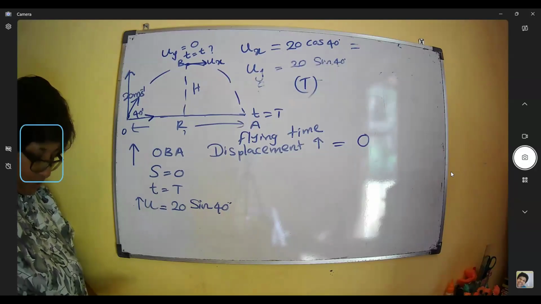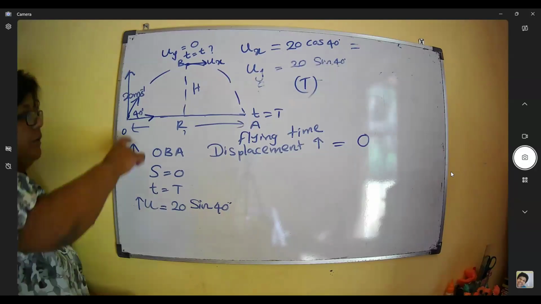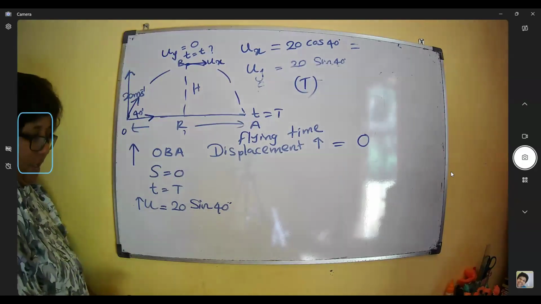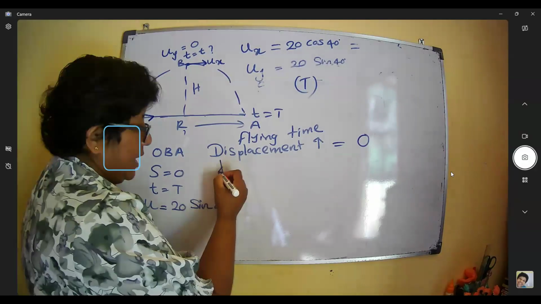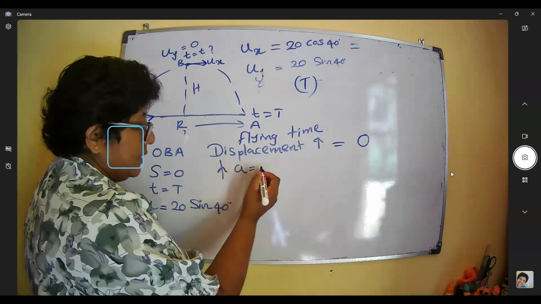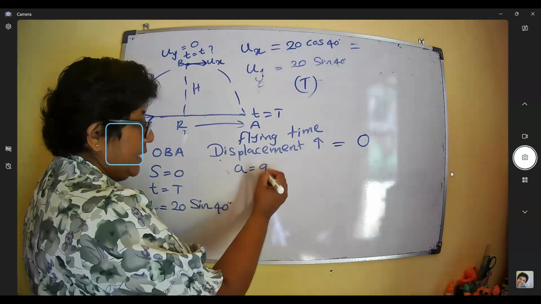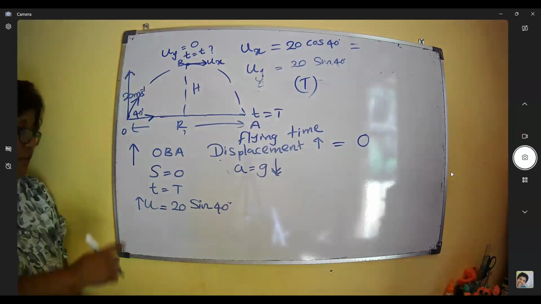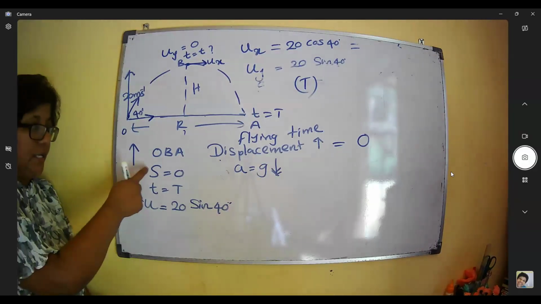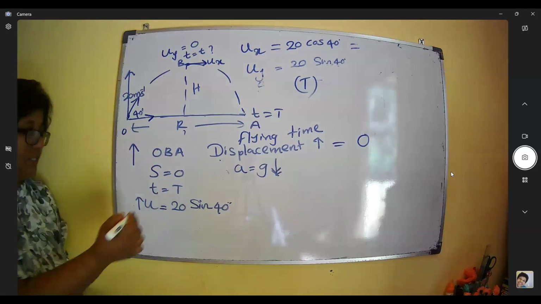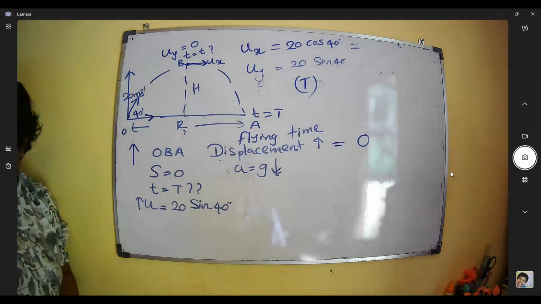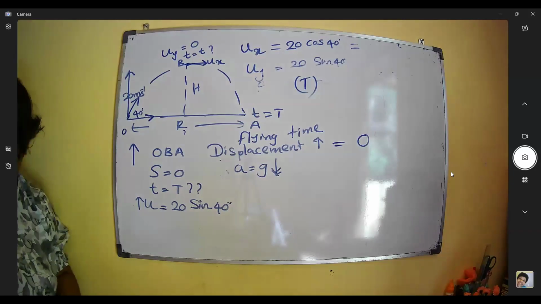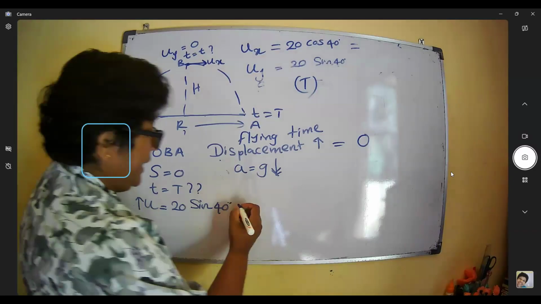Throughout this motion, we know S is equal to 0 in the vertical displacement, and this is happening under gravity. A is equal to g, but it's downwards, right? Then how do we find the T? We know U, S and A, and have to find T. This is equal to 14.8, no?